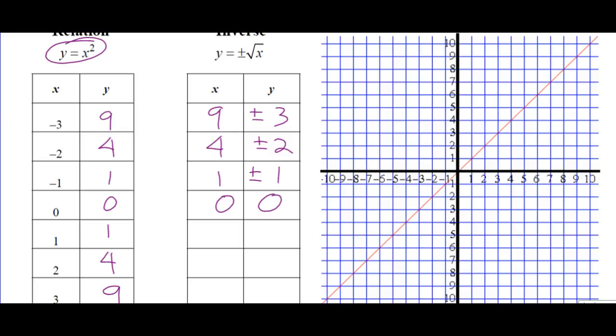Oh, see, yeah, now it's blue. Okay, y equals x squared. 0, 0, now it's purple. 1, 1, 2, 4, 3, 9, negative 1, 1, negative 2, 4, negative 3, 9. Nice smooth curve.